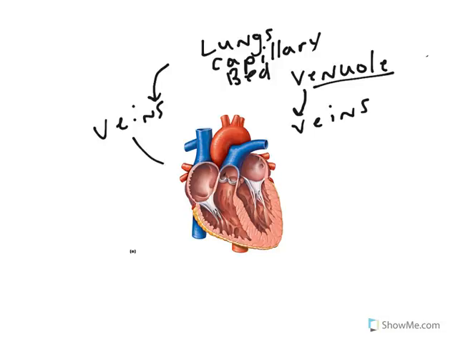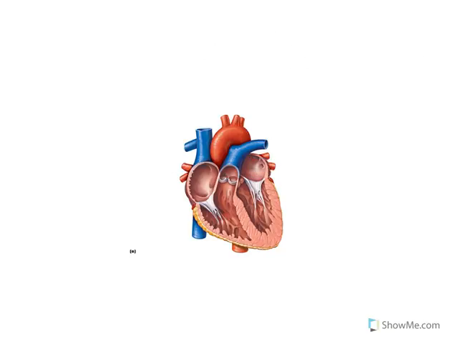So remember the pulmonary veins, right and left here. The right and left pulmonary veins will then bring the blood back into this structure, which was the left atrium. From the left atrium, the blood passes through the mitral valve into the left ventricle. From the left ventricle, it then goes through the aortic valve into the aorta.